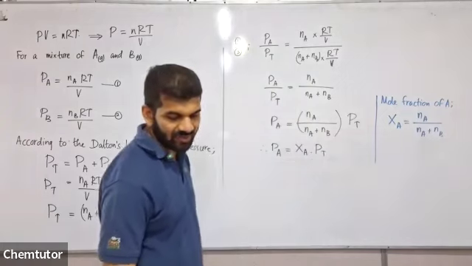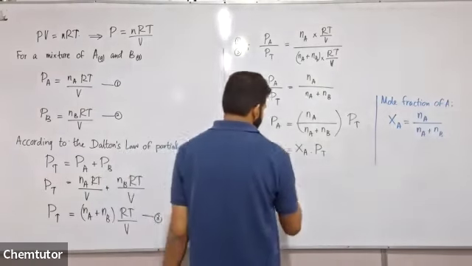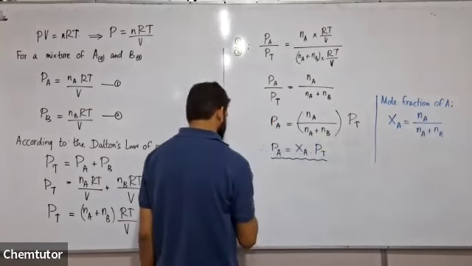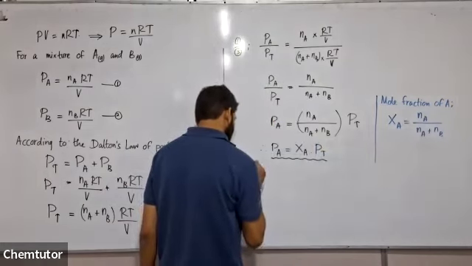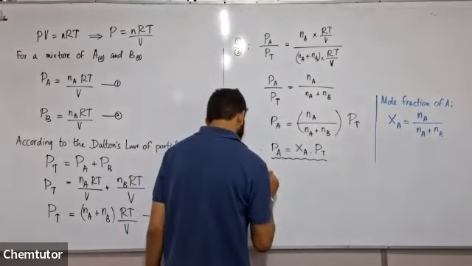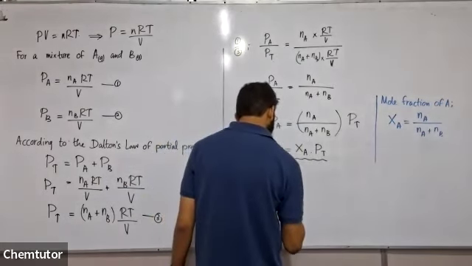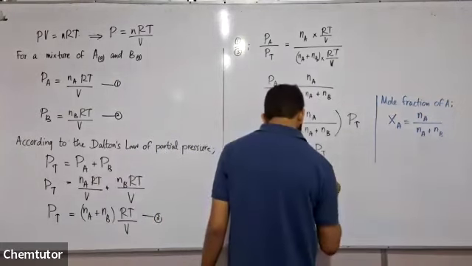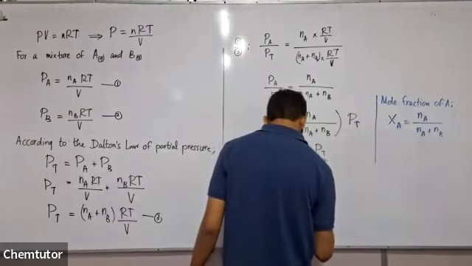Okay. Similarly for B, we can express PB equals XB times the total pressure.